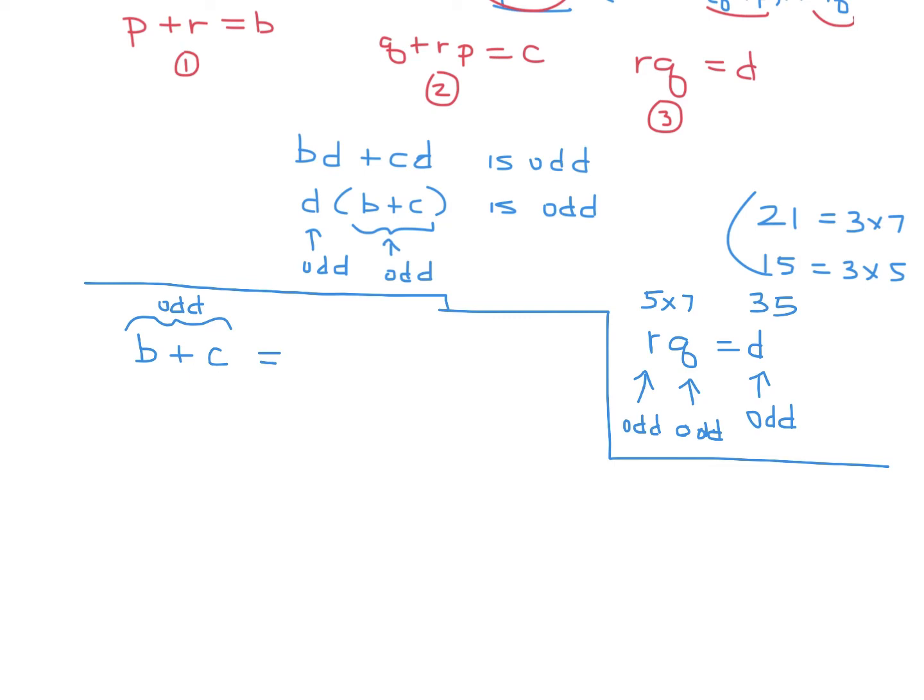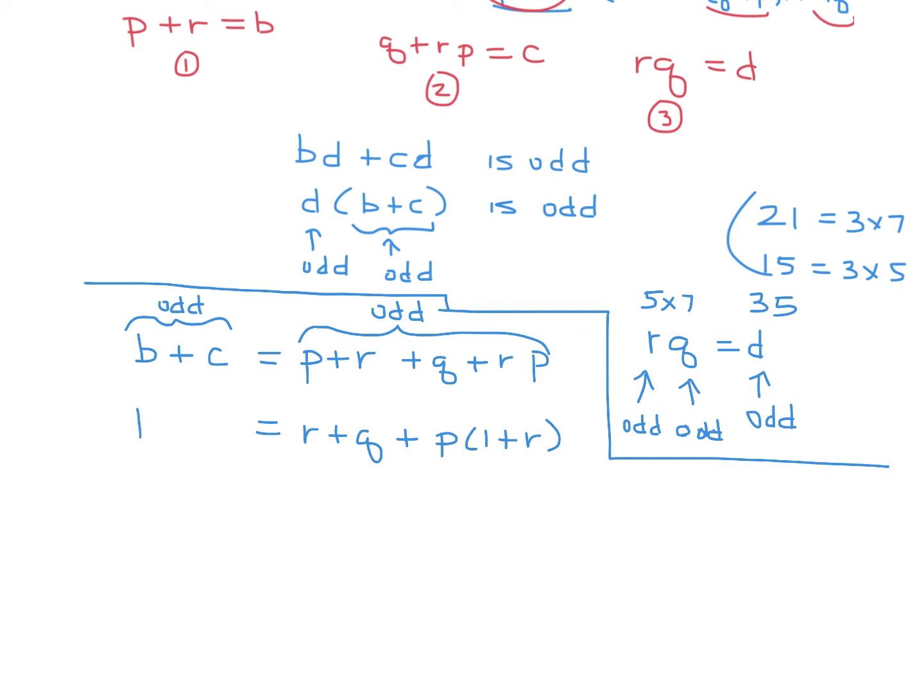B is P plus R and C is Q plus RP. Okay, well that means this whole thing must be odd. Right? Okay, well, we can factor out a P. And here we're going to have R plus Q, but then we can factor out a P, and when we do, we get 1 plus R. And that's about as far as we can go there.